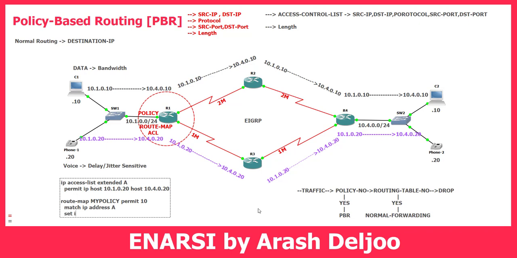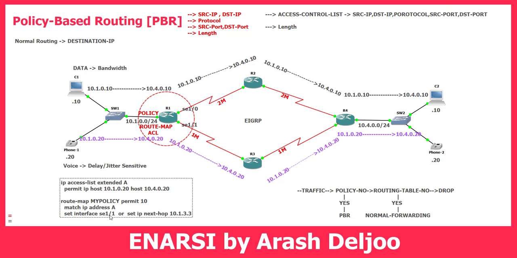The first method is configuring set interface. You know that when we are configuring static routing, we can configure the outgoing interface, or we can configure the next hop IP address. Here again we have two options. We can configure set interface serial 11, this is the first method, or if you want, you can configure set IP next hop, the next hop that you want, for example 10.1.3.3.